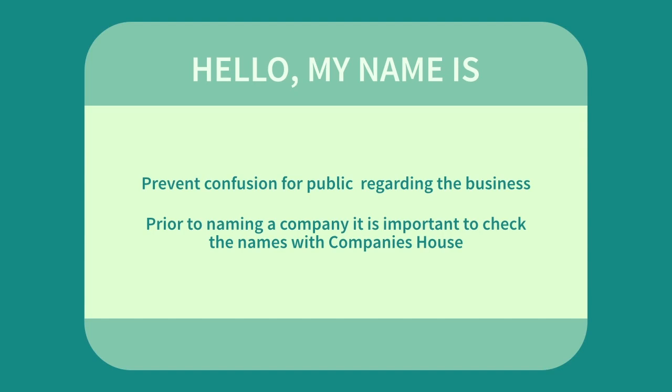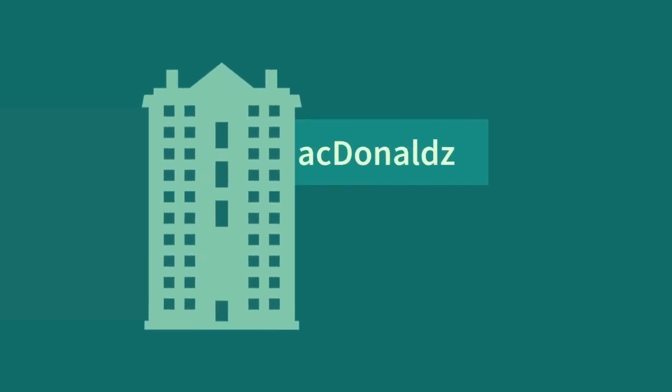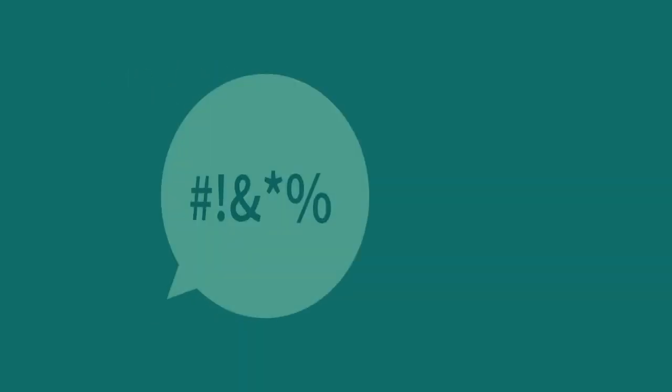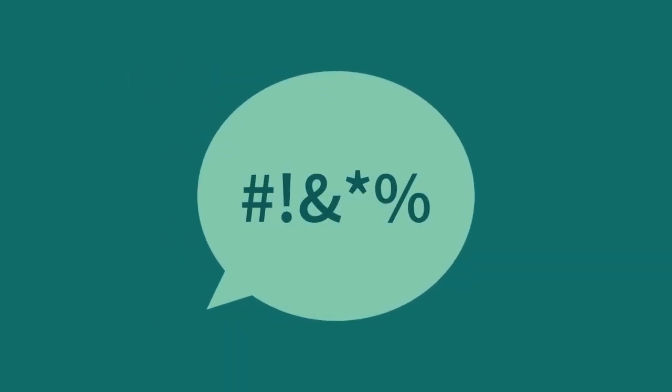The main restrictions and requirements outlined by Companies House are as follows. The name must not be the same as or too like an existing name on the index of company names, unless your company will be part of the same group as the existing company. Private limited company names must end with Limited or Ltd. Certain characters, signs, symbols, and punctuation will not be permitted.